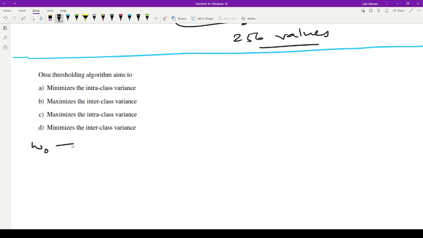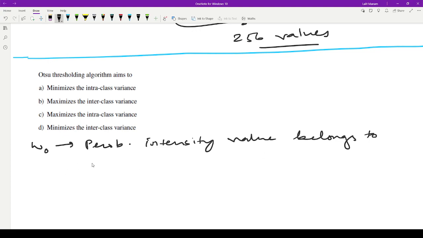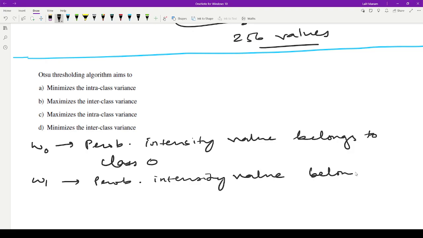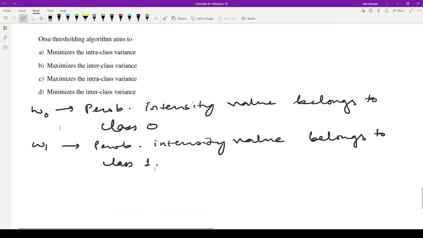So W naught is the probability that a pixel's intensity value belongs to class 0, and W1 is the probability that the intensity value belongs to class 1. We are just stating what it means.